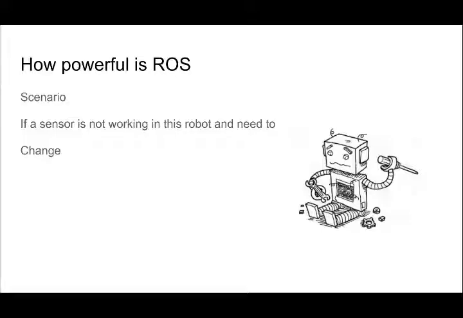Suddenly one day you break one of your sensors and you want to swap it with a new sensor, which your robotic software does not support. So you have to rewrite the software entirely, or a big part of your program, to adapt to this new sensor.